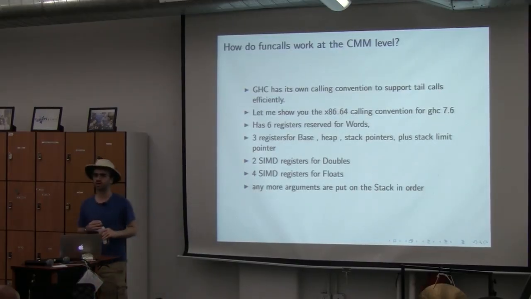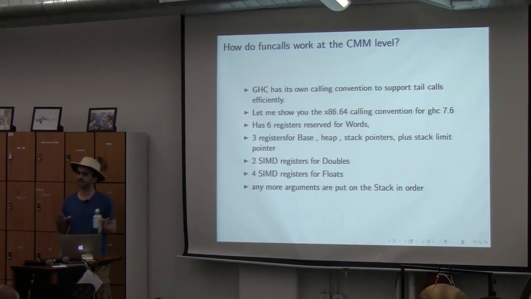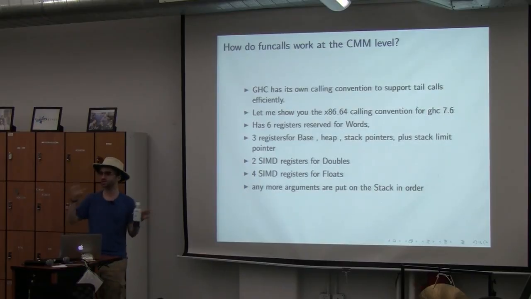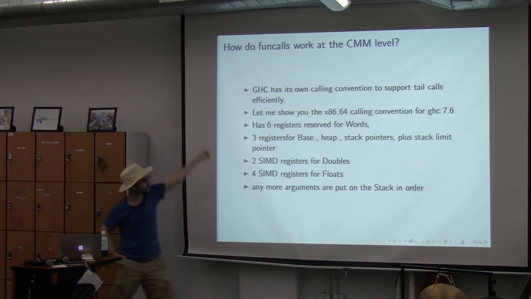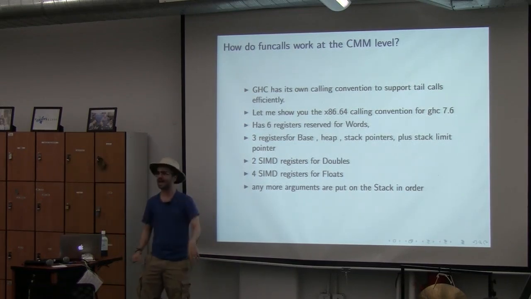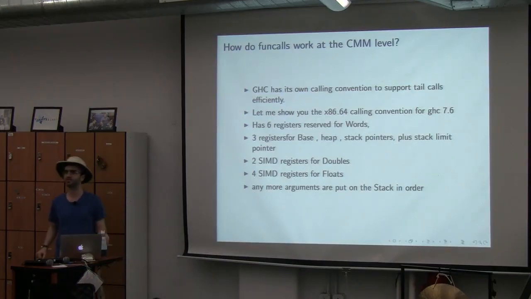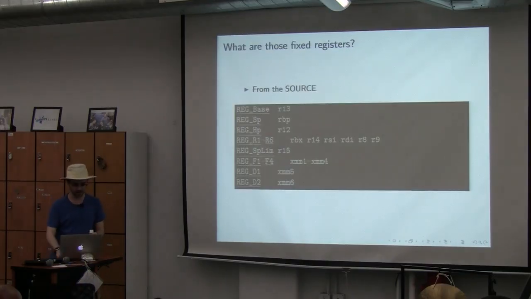Although it only looks like there's planned support for SSE for 128-bit style registers for now, although AVX style 256-bit stuff is in order. Anyways, after these arguments, any more arguments are just put on the stack, and there's some pretty readable code in the GHC compiler that I will include a link to in the finalized version of these slides that you can read to figure that out.